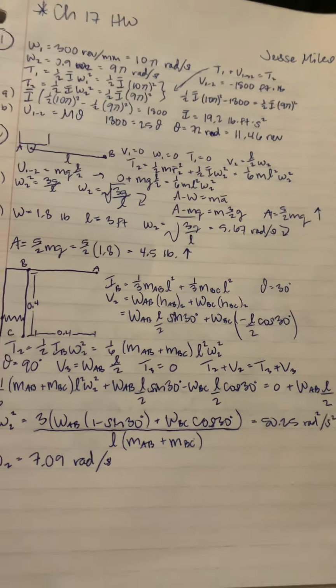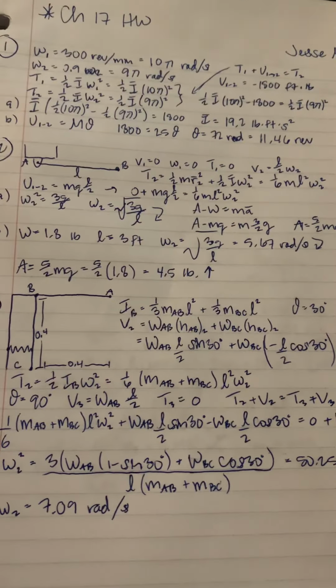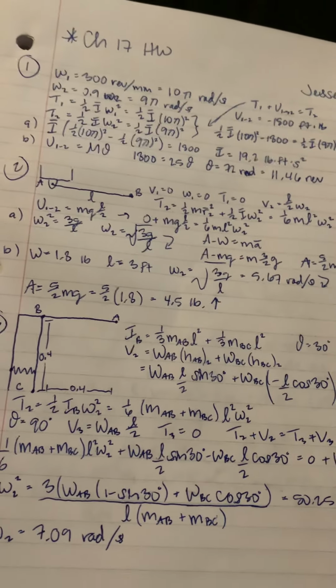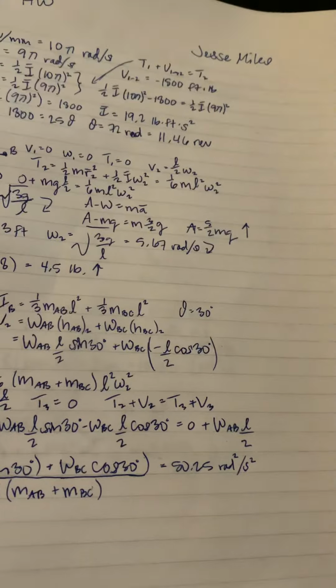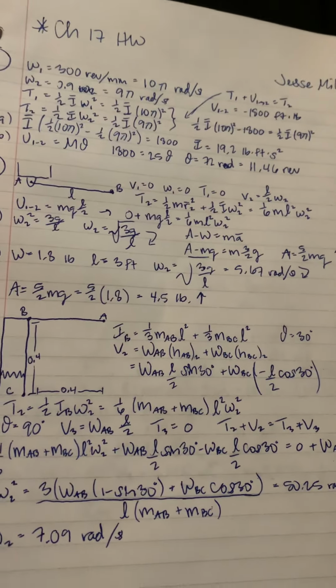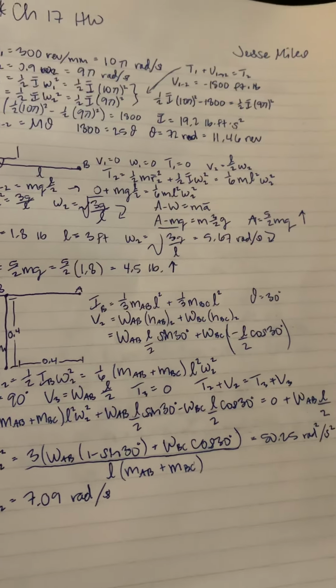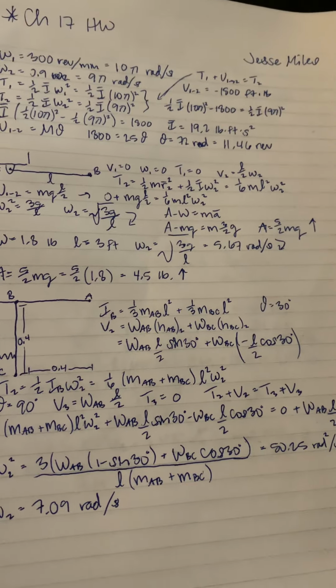So I got omega-2 is the square root of 3g over L, and A was 5/2 mg going up, and omega-2 is clockwise. And then for B, we were just substituting values in, so 5.67 radians per second and 4.5 pounds up.